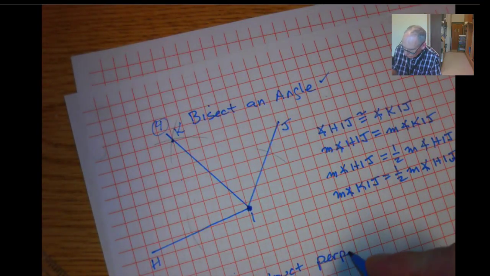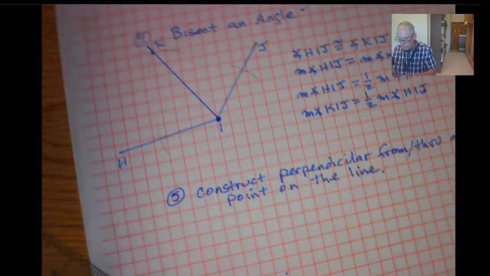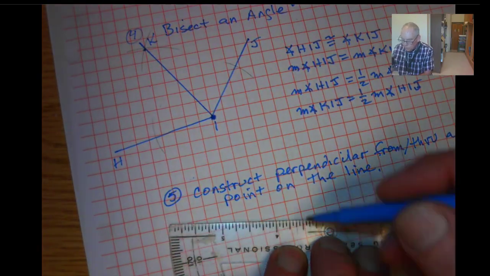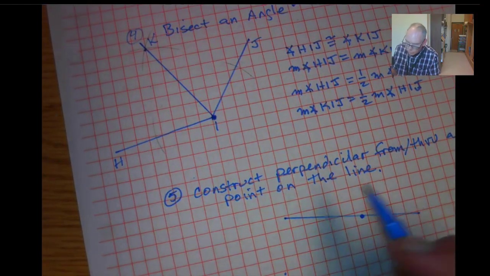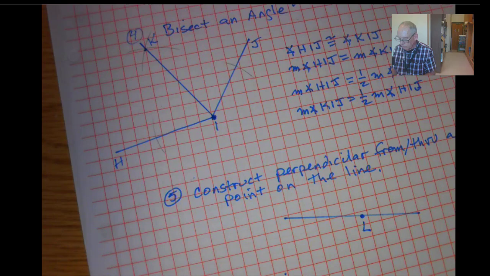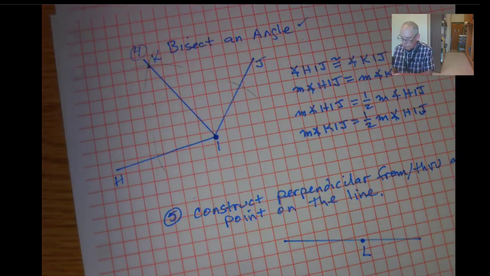Or from a point on the line, I think. So we're going to draw a segment. We're going to put a point on the segment. Now what we need to do is use our compass to find 2 points equidistant on either side of that point that I have labeled as L.